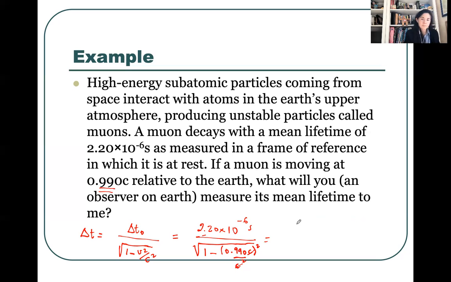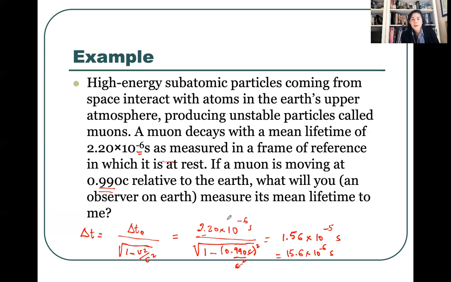This gives me 1.56 times 10 to the negative 5 seconds. If you want to compare, that's 15.6 times 10 to the negative 6 seconds. So you can see that it changed the ratio quite a bit.